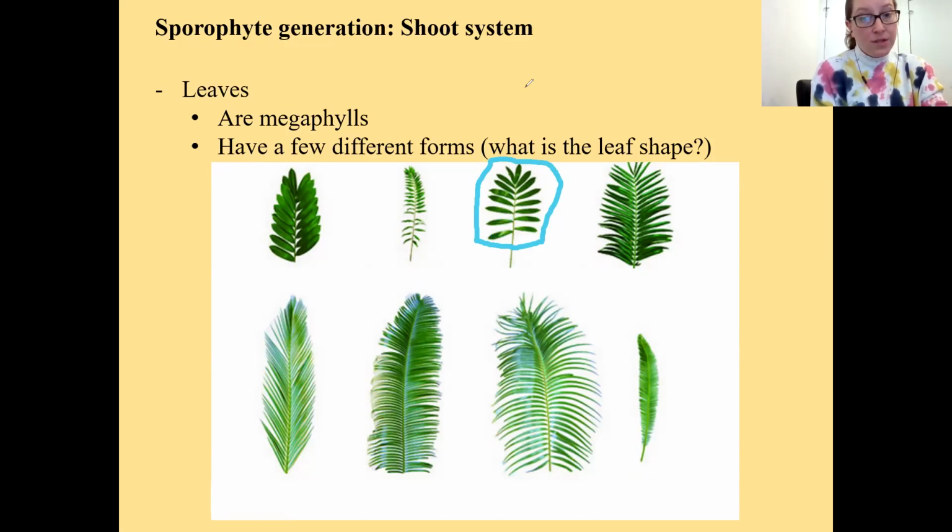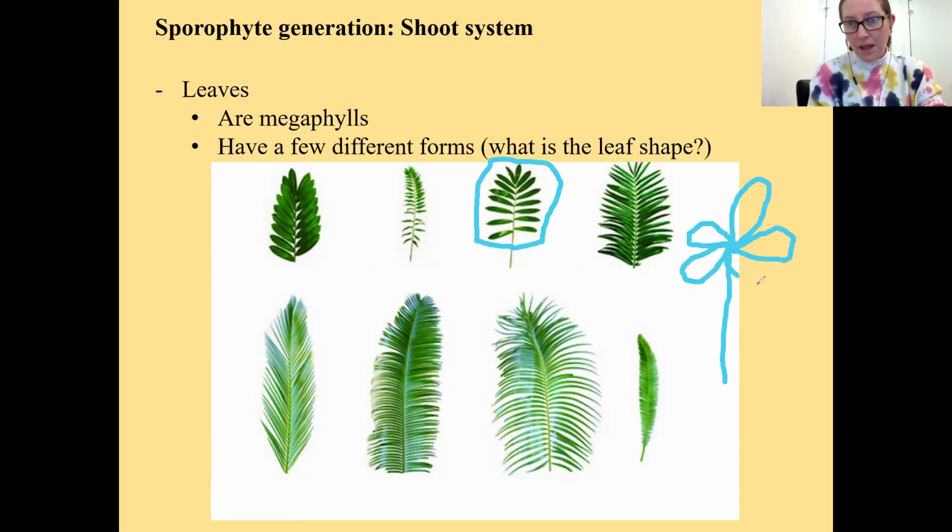Then we have a few choices when we get to the compound leaves. We have palmately compound, which looks like a palm. If something is palmately compound, all the things are going to come out from the exact same spot, kind of like a hand. Every part of my hand comes out of my wrist. Palmately compound.